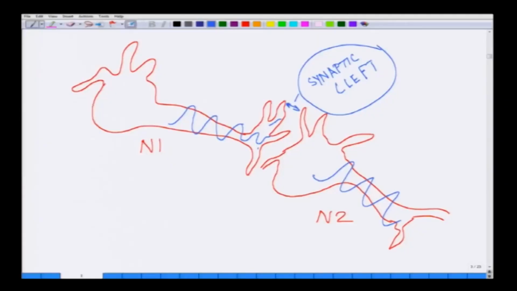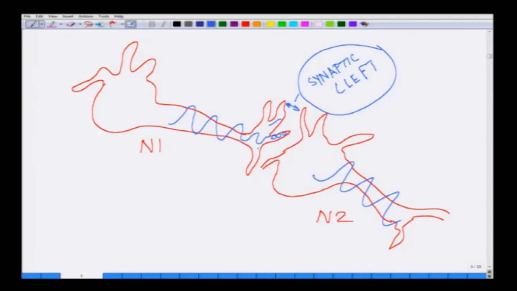At this level, the signal does not directly jump into the next neuron. From neuron 1, neurotransmitters are secreted. Those neurotransmitters could be excitatory or inhibitory.